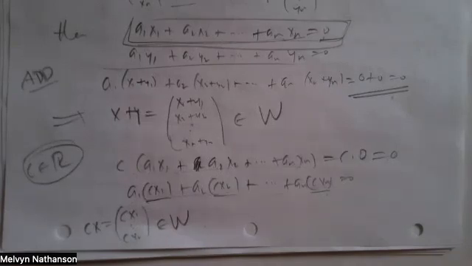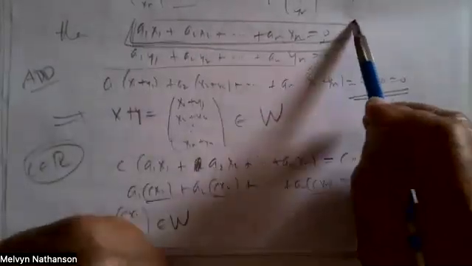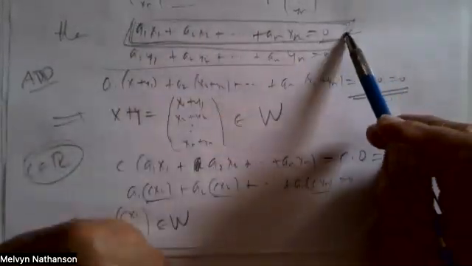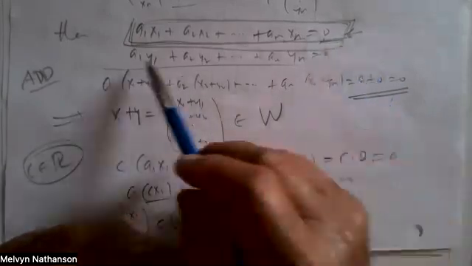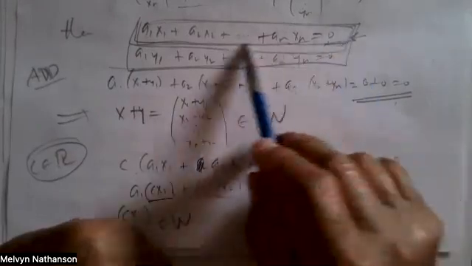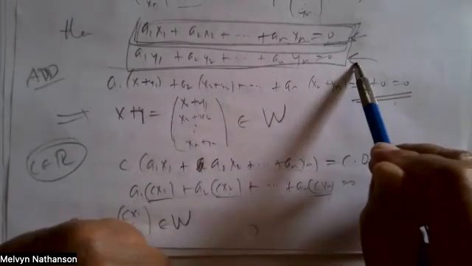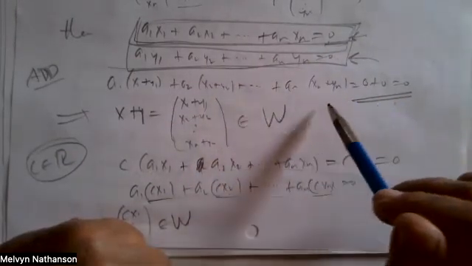Correct. Question. In the addition proof, how did you conclude that when you add X and Y, that's also a member of W? How did you jump from that? So I have this equation. I add them.